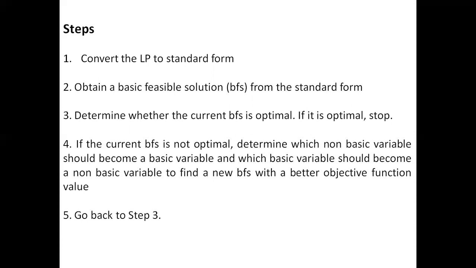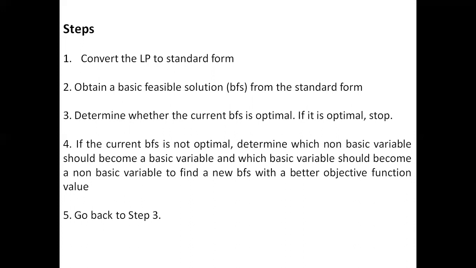If the current basic feasible solution is not optimal, which non-basic variable should become a basic variable, and which basic variable should become a non-basic variable to find a new basic feasible solution with a better objective function value.